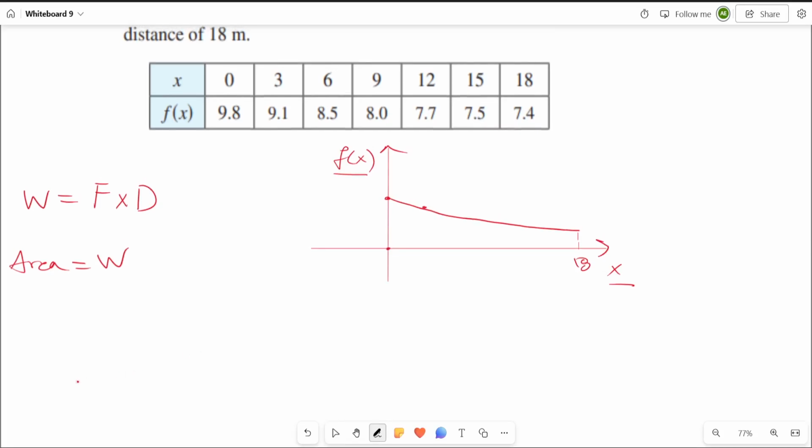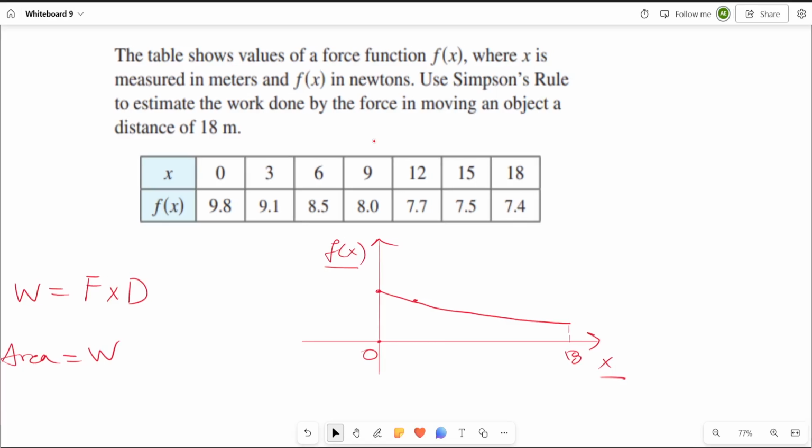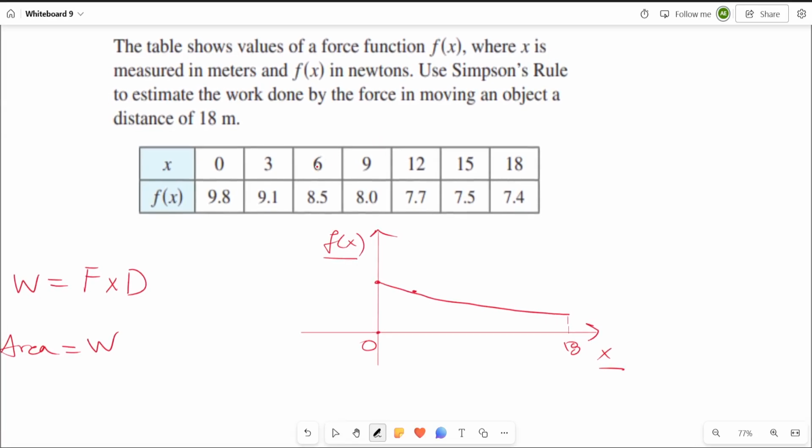To get the area under the curve, we need to integrate from 0 to 18. However, over here, unlike the previous question, we don't have a function to integrate. So that's why it said use Simpson's rule to estimate the work done. Let's see how we can do that. First of all, how many intervals do we have here? 1, 2, 3, 4, 5, and 6.